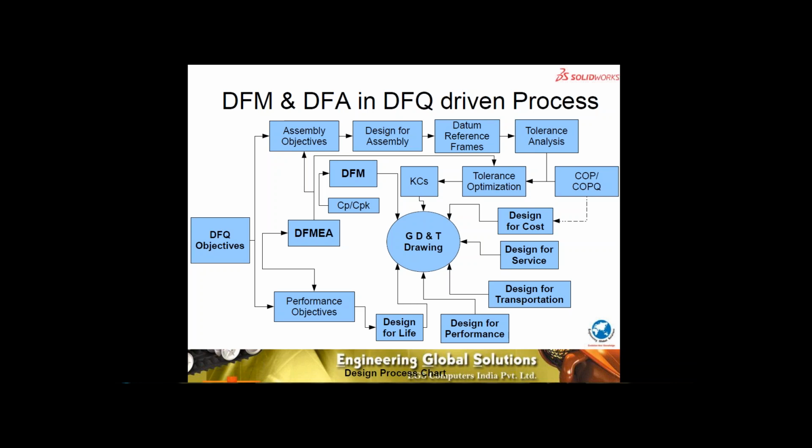This presentation gives you the emphasis on DFM and DFA as a prerequisite in design so that we can leverage these tools and technologies to develop qualitatively better designs. One example is, let us say we look at welding.